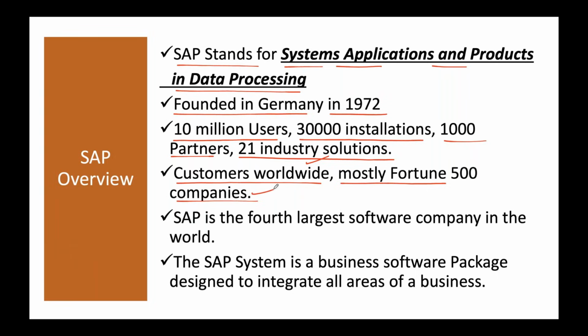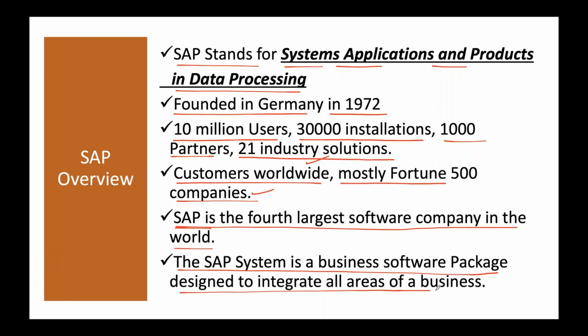They are using SAP. As of now, SAP is the fourth largest software company in the world, after Microsoft and IBM. The SAP system is a business software package designed to integrate all areas of a business. That's what we just discussed.